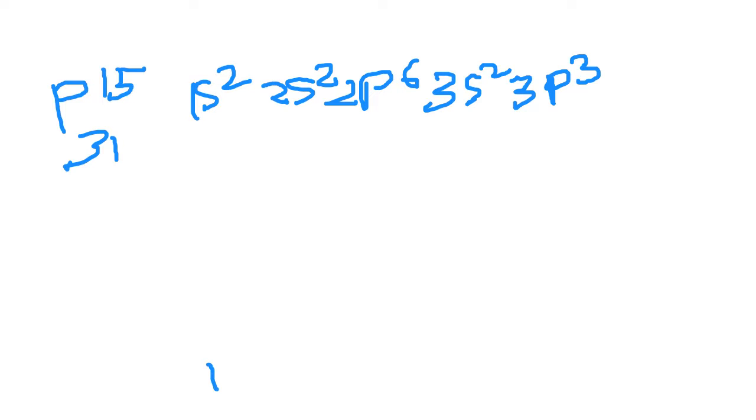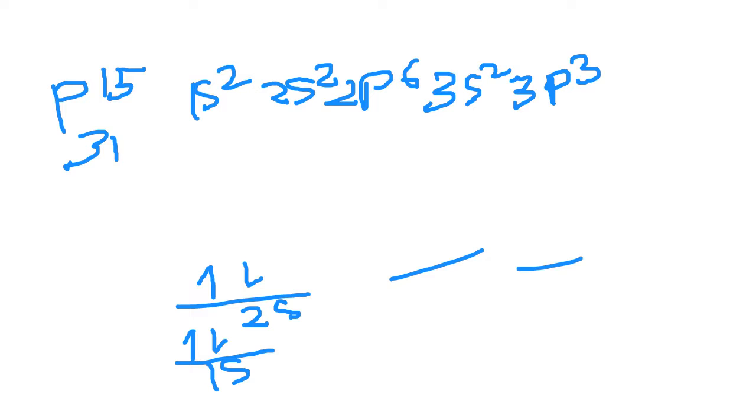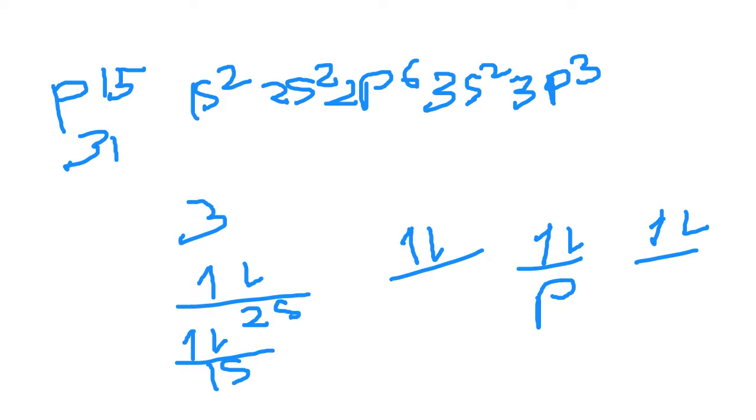So 1s is similar, 2 with opposite spin. 2s is the same, now 2p6. Sorry. We have 3s2, and 3p3.